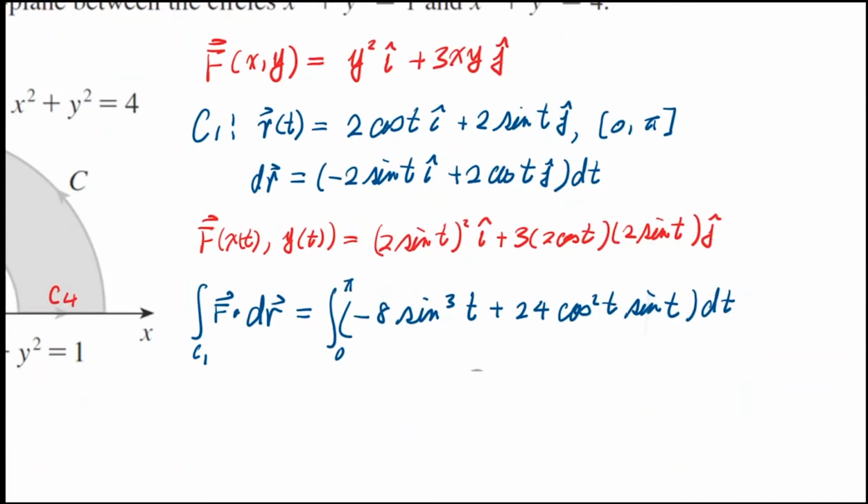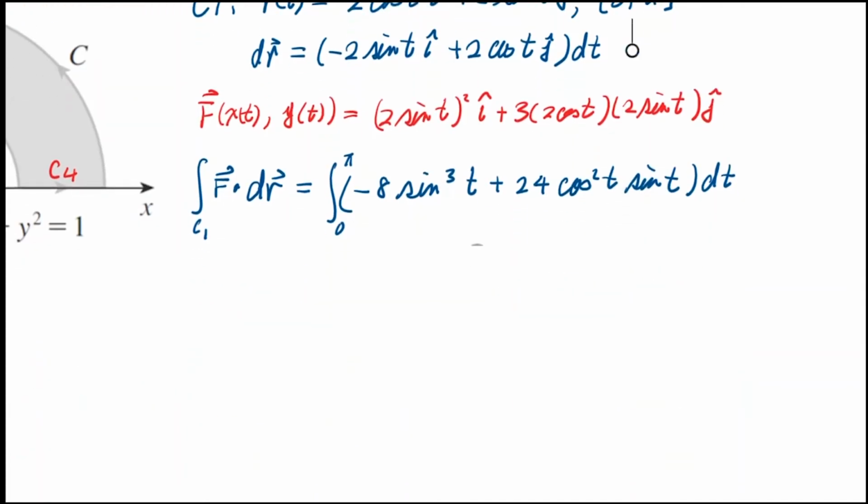Now let's go down, and all we have to do is evaluate it. U-substitution, right? Let me write it this way. From 0 to pi of negative 8 sine squared. What happens if I factor out sine squared?